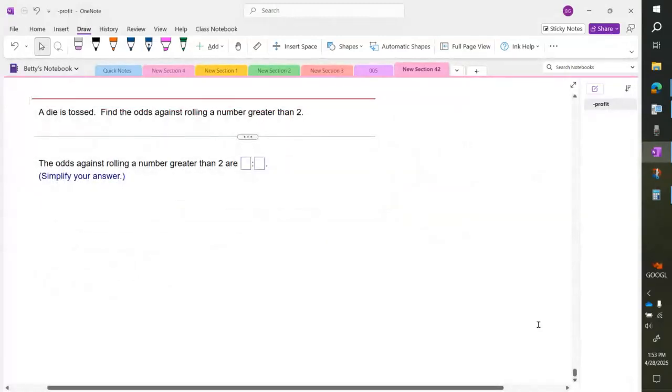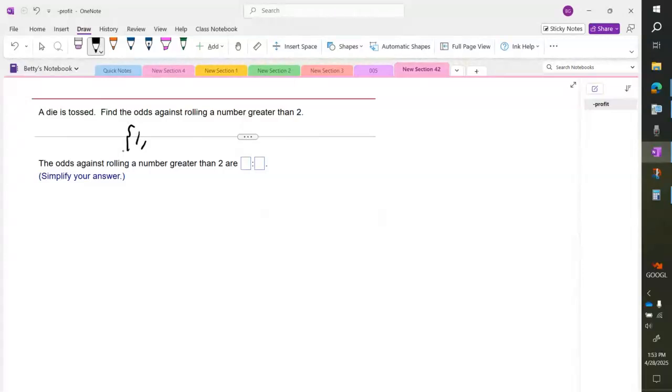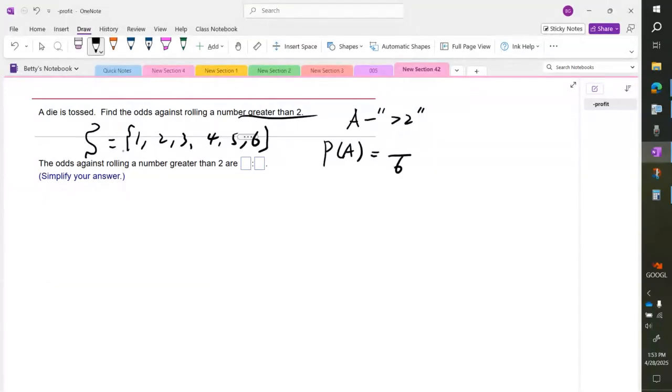The sample space here is 1, 2, 3, 4, 5, 6. The event here, let's say is A, is roll a number greater than 2. Then the probability of getting a number greater than 2, we have 4 numbers greater than 2, right? Is 4 over 6, or 2/3. And rolling a number not greater than 2 would be 1 over 3.